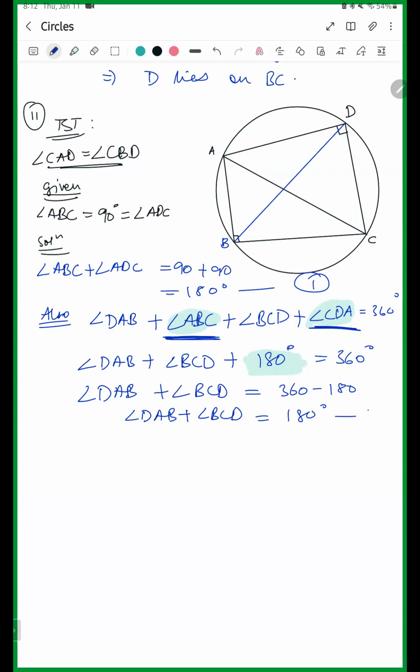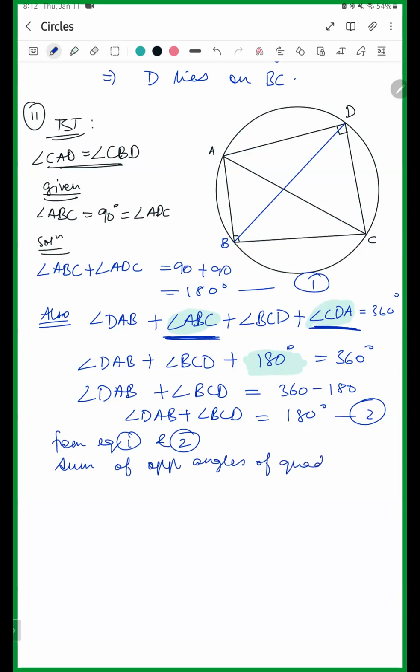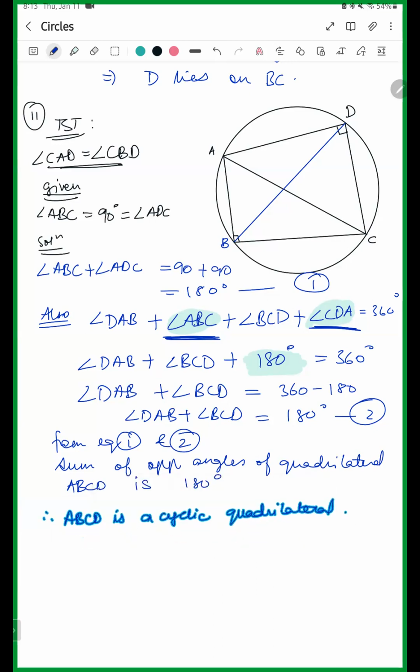So from equation 1 and 2, the sum of opposite angles of quadrilateral ABCD is 180 degrees. Therefore, ABCD is a cyclic quadrilateral.